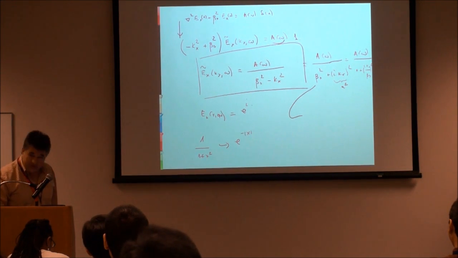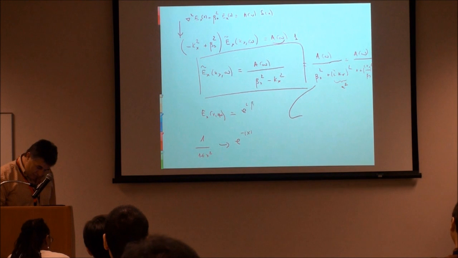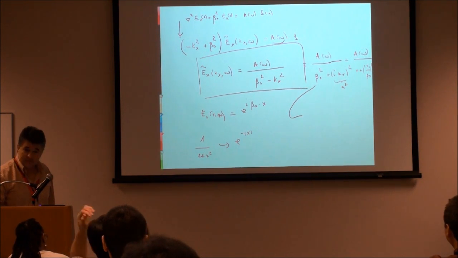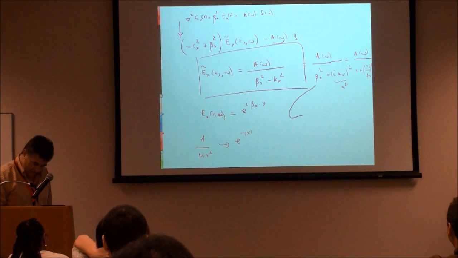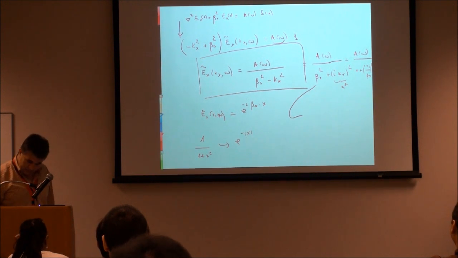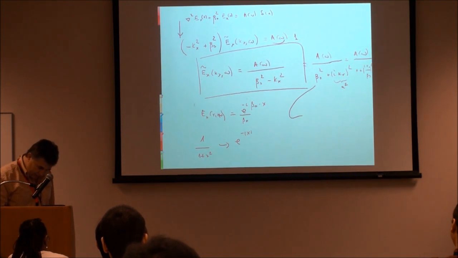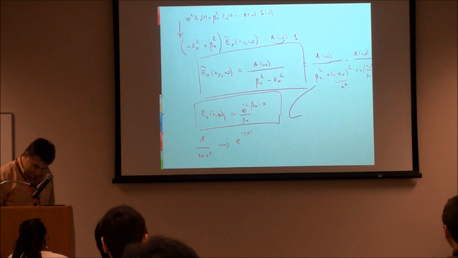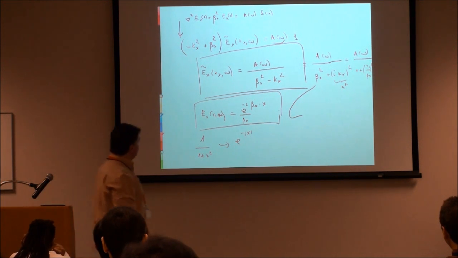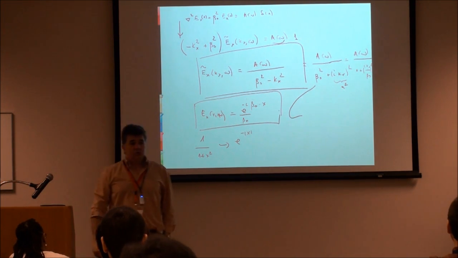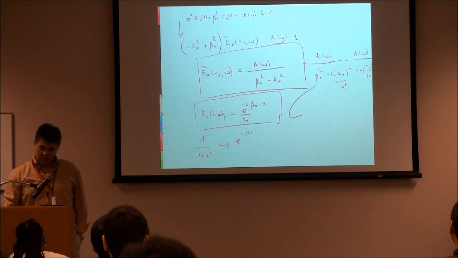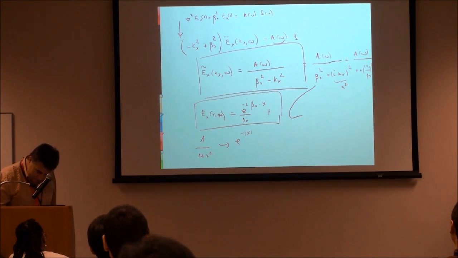And it's much easier when you know the result, isn't it? Beta naught times x, so kx becomes x, right? And with a minus, maybe. Doesn't matter. And if you're doing everything right, it's also over beta naught. But that matters less. And A of omega, yeah.